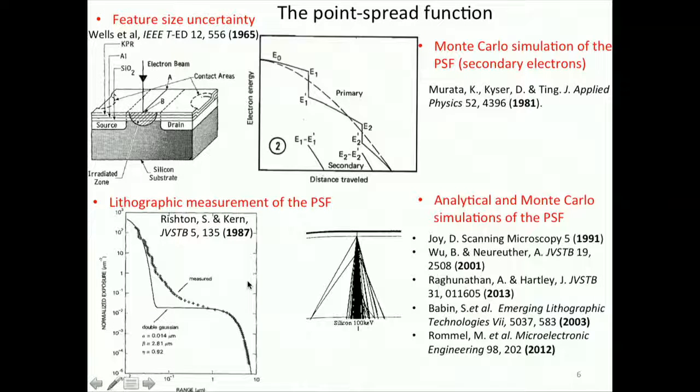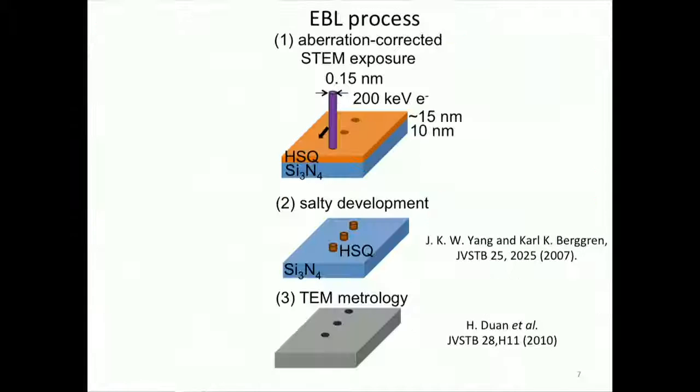Furthermore, people have been studying how to simulate it by analytical formulas or by Monte Carlo simulation, to predict and model this lithographic PSF. Here, what I wanted to do was directly measure all the important effects that limit the e-beam lithography point spread function.